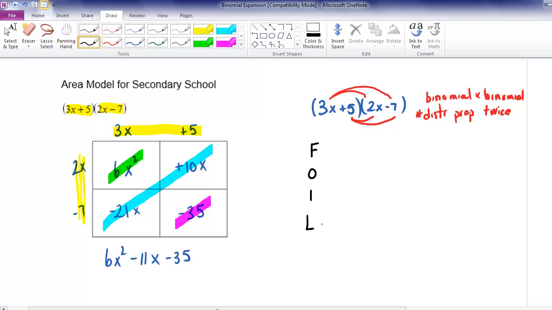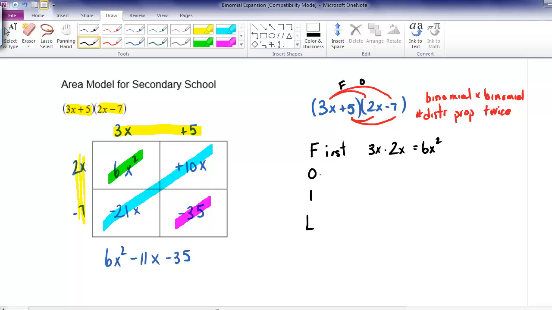It's not magic. It just makes sure you keep track of things and you don't double up on the multiplication. The F stands for multiplying the first terms in each binomial. So there's my F right there, 3x times 2x, which is equal to 6x squared.